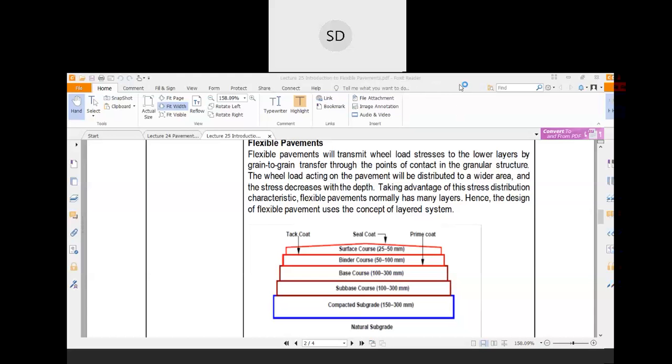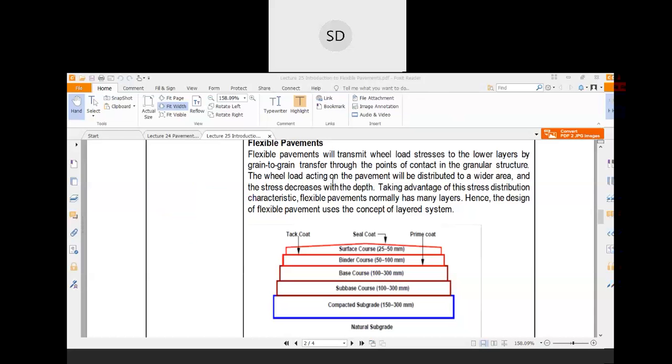So in the flexible pavement, there would be a granular structure. Suppose load is imposed over the surface. Now that load would be transferred from grain to grain. This could be aggregate, so load will be transferred from here to here, from here to there. Like that load will be transferred from grain to grain.